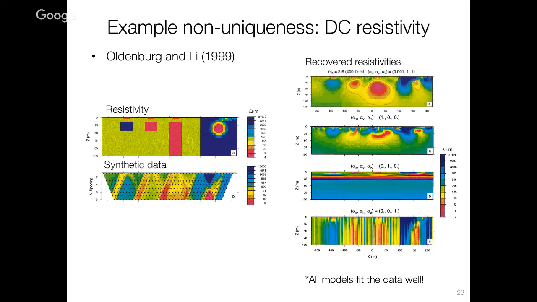So here are the models. If I take this model, or that model, and I do the same DC experiment over top of it, I get data that look identically like this, but these are the different solutions.